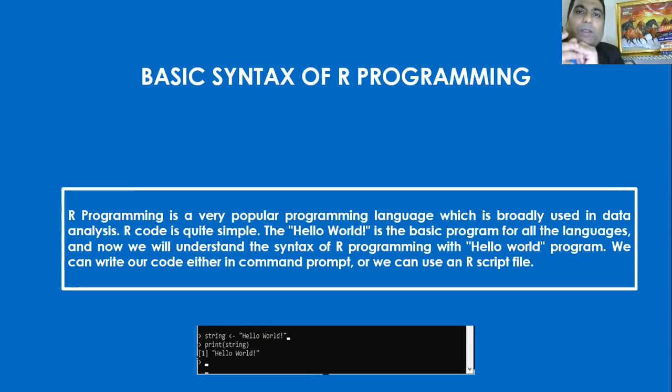Number one, you can simply go to the notepad, you can write the program and you can execute it. Number two, you can directly go to the R prompt and you can execute it. Number three, you have R Studio by which you can run it through the R console.